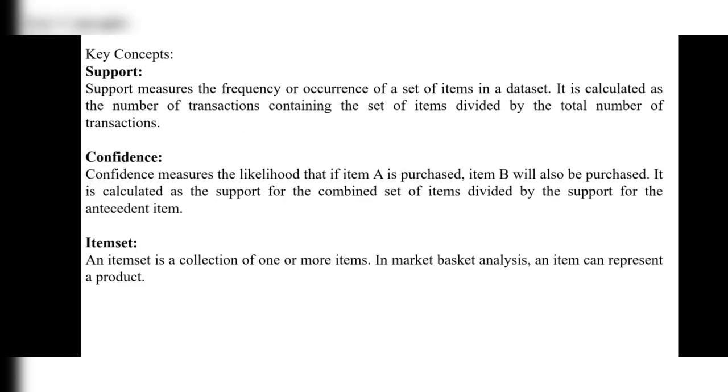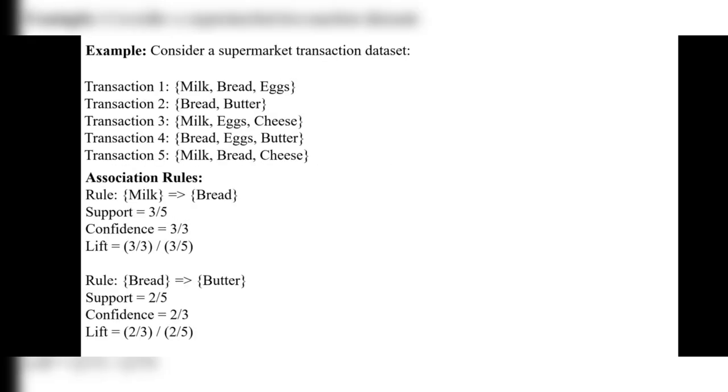What is support here? Support means the frequency or occurrence of a set of items in a data set. That means how many times milk occurs here. In transaction 1, milk. In transaction 3, milk. And in transaction 5, milk. So 3 times the milk has appeared here. So support is 3 by 5.